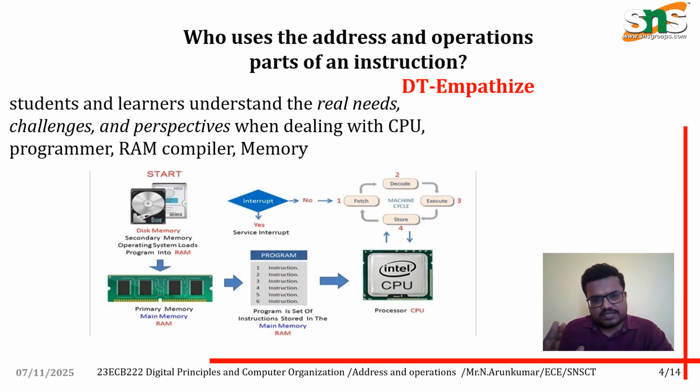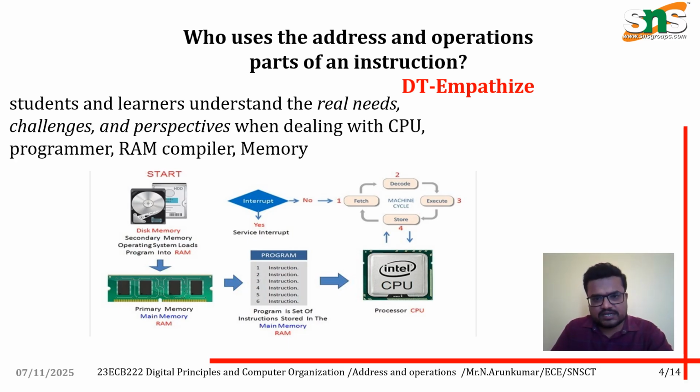Next, here the process of address and instruction is forwarded to the CPU. This diagram indicates how the primary memory and secondary memory will execute the programs, and the program will act on the CPU through the following stages.